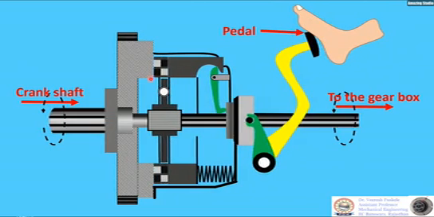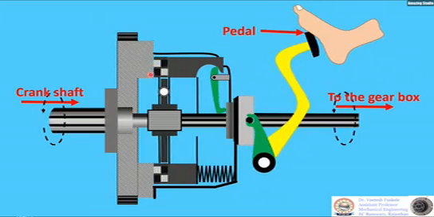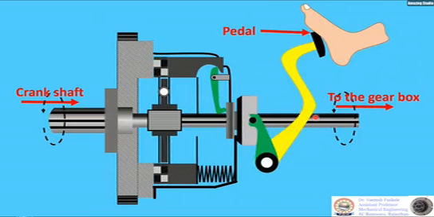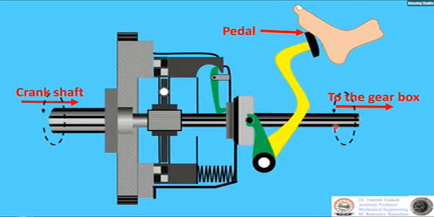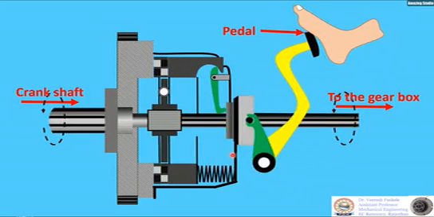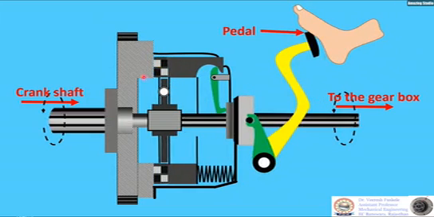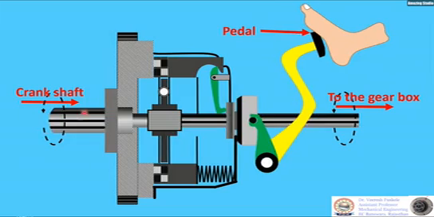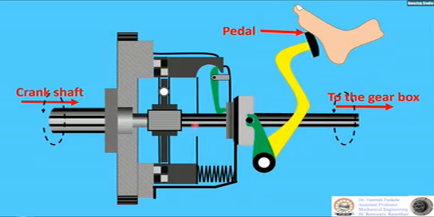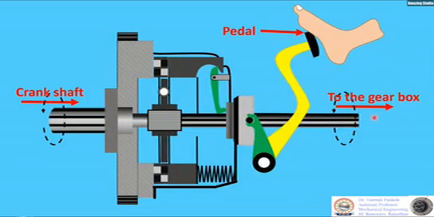You can see here, as we press the pedal, the clutch is disengaged, and as the clutch is disengaged, the gearbox shaft stops rotating while the crankshaft is still rotating, and as we are releasing the pedal, the clutch is getting engaged, and in that engaged condition the crankshaft, flywheel, the clutch and the gearbox shaft are all rotating in synchronization.